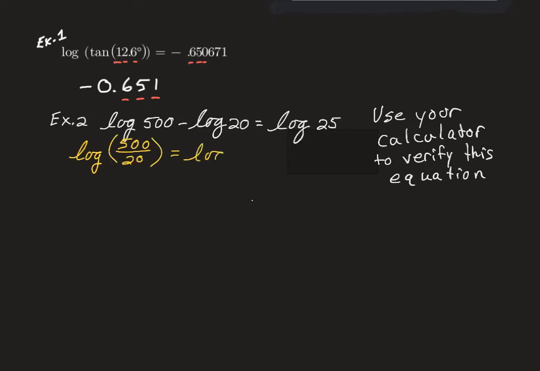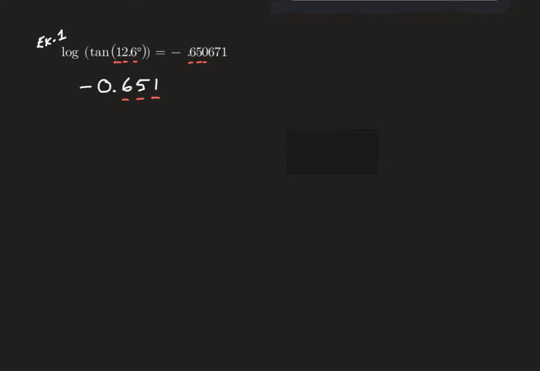And that would be equal to the log of 25. Well, it turns out that 500 divided by 20 is 25. So it also checks by that method. Okay, so let's work on some other things now.